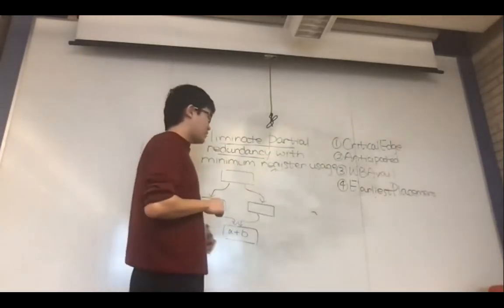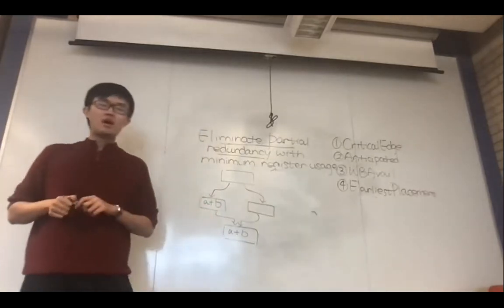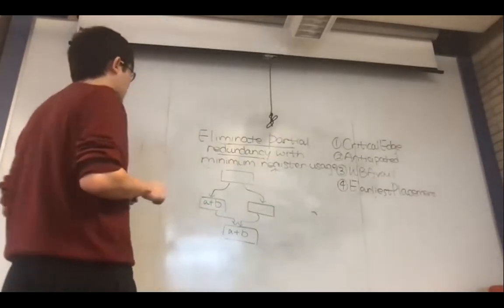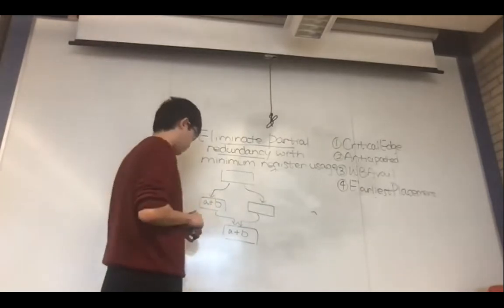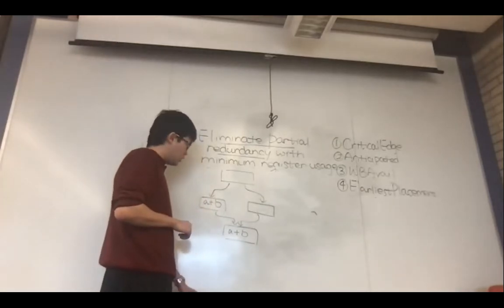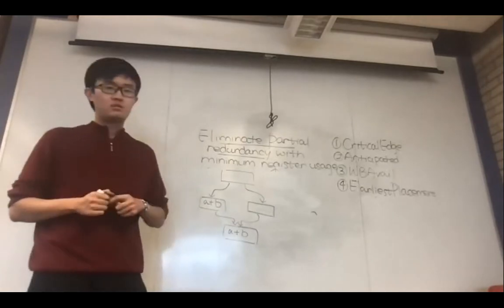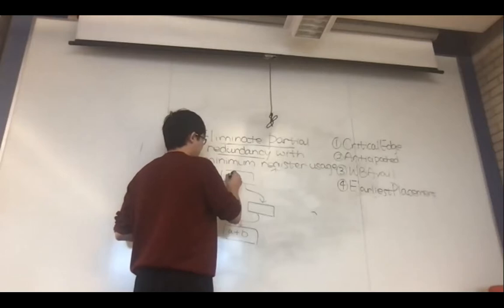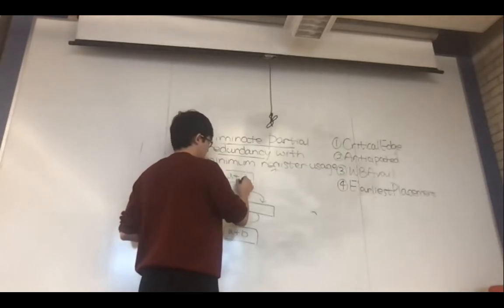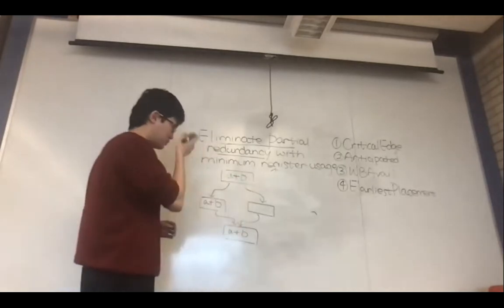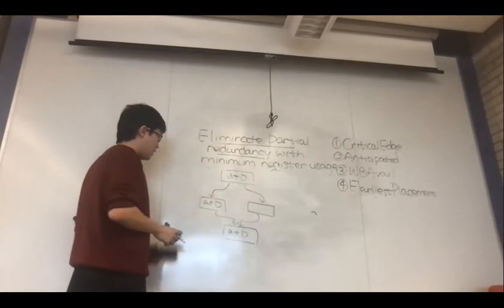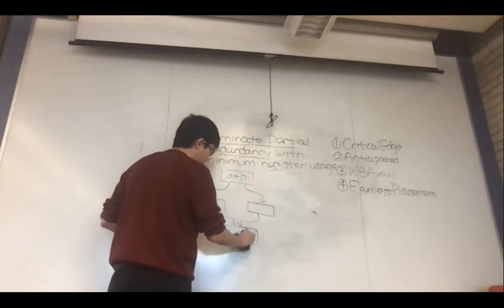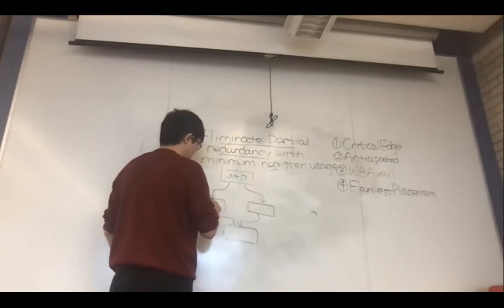Based on this example, I now have two solutions to solve for this partial redundancy. For solution number one, I propose to insert the expression a plus b here, and therefore replace the evaluation of a plus b and a plus b here with the value t.